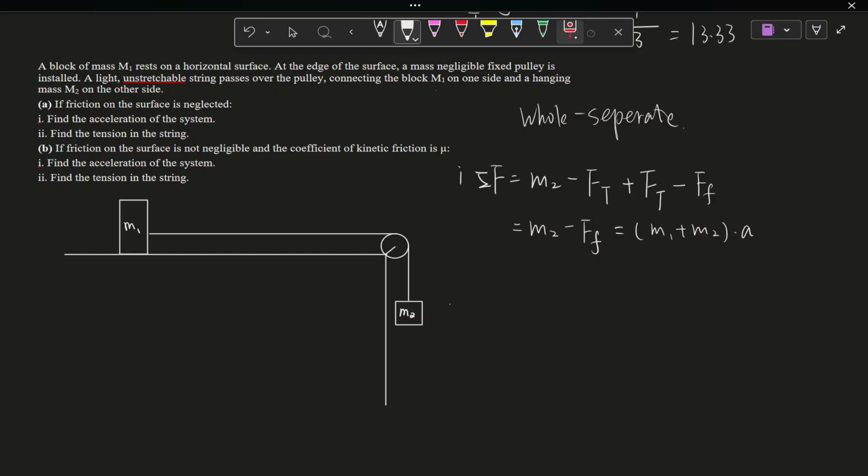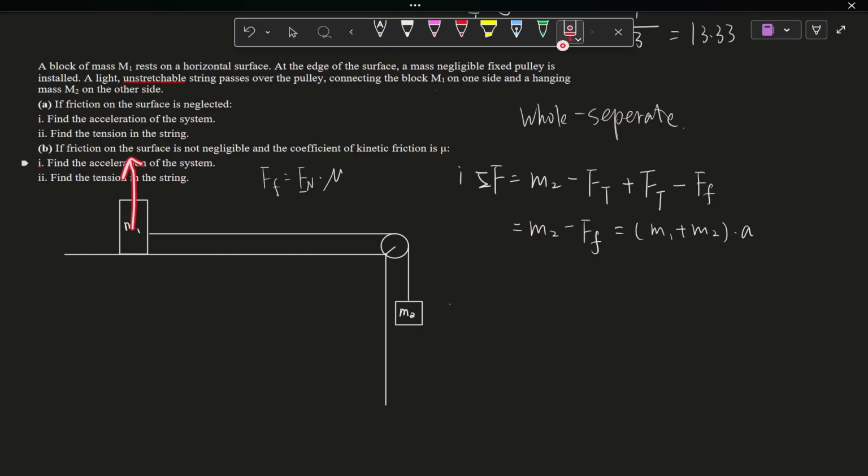Since Ff is caused by m1, as we know, the friction force is equal to Fn times mu, right? And since mass 1 is not moving upward or downward, it is at equilibrium vertically, which means Fn is just equal to Fg.